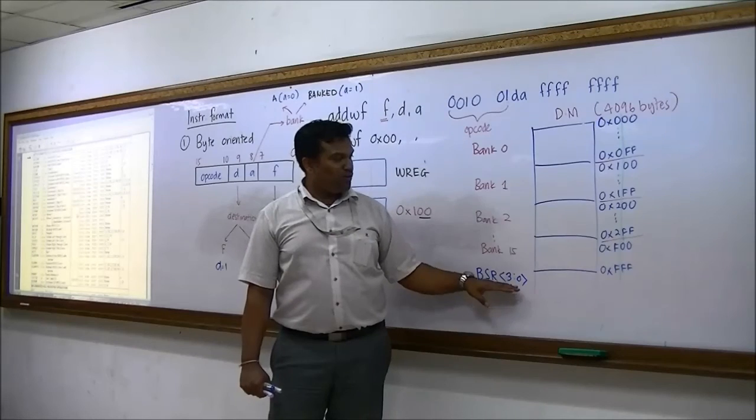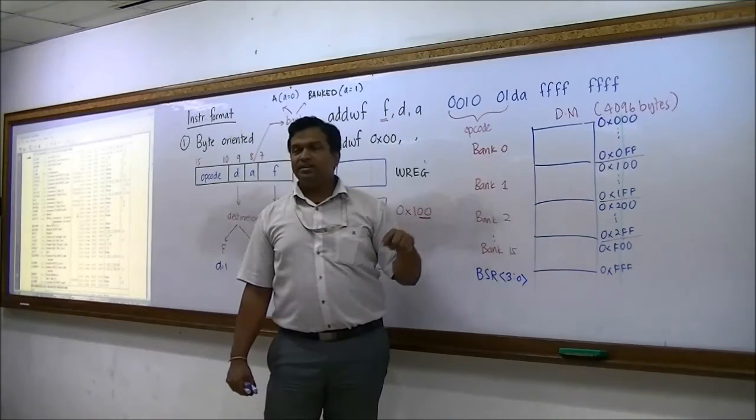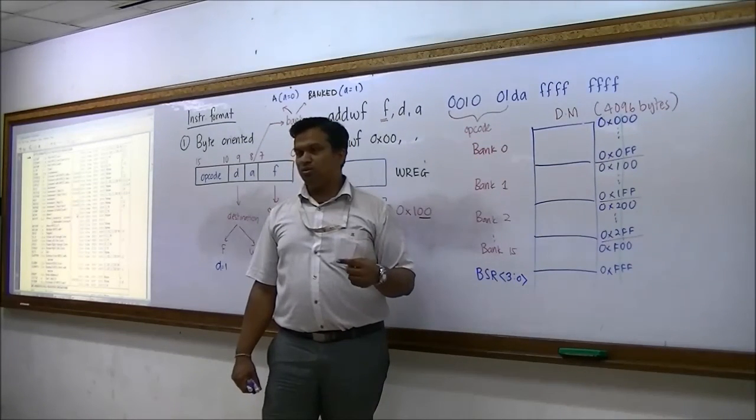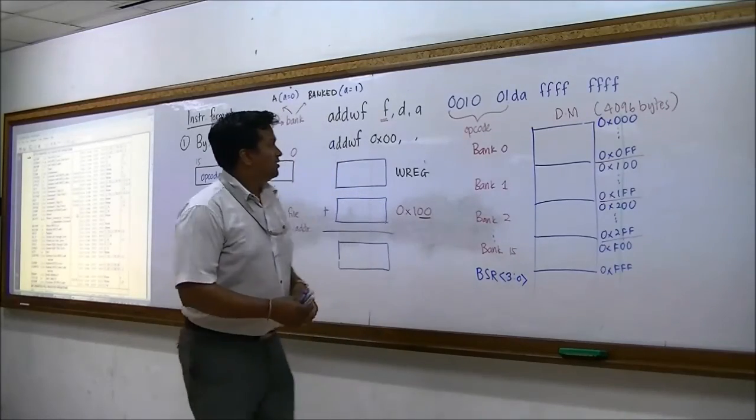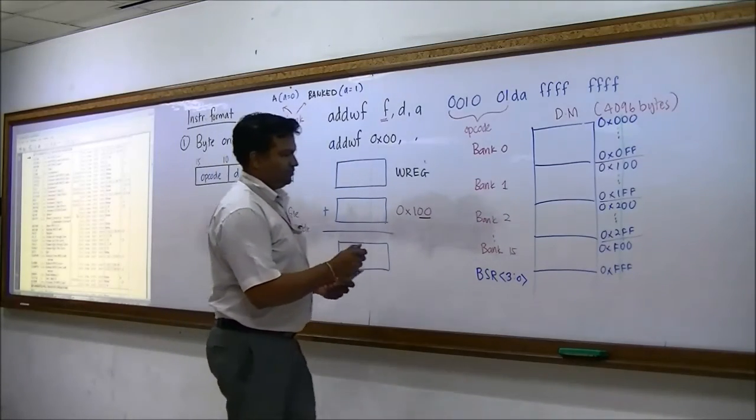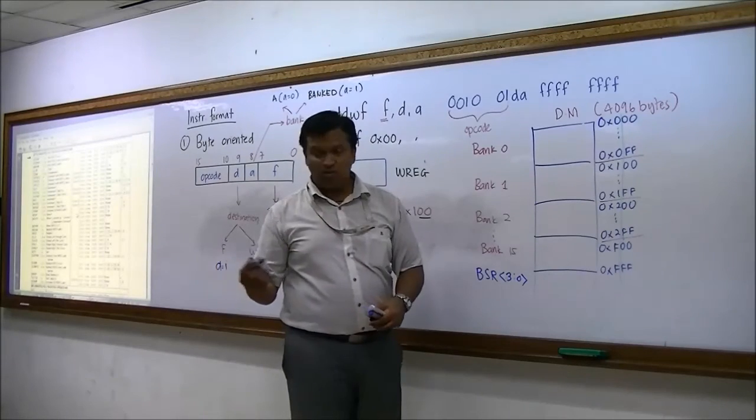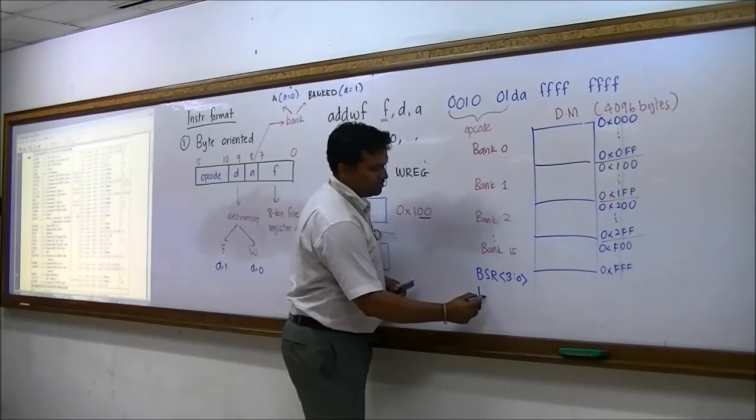Now in order for you to activate the bank, there is one instruction that you need to use. Don't worry, later you will see the format. For now you just learn the instruction, it's quite easy.